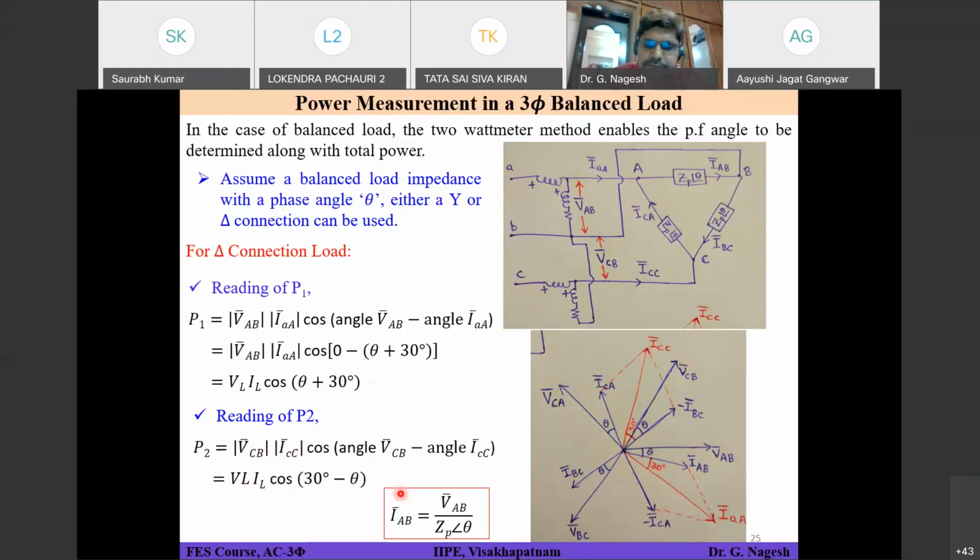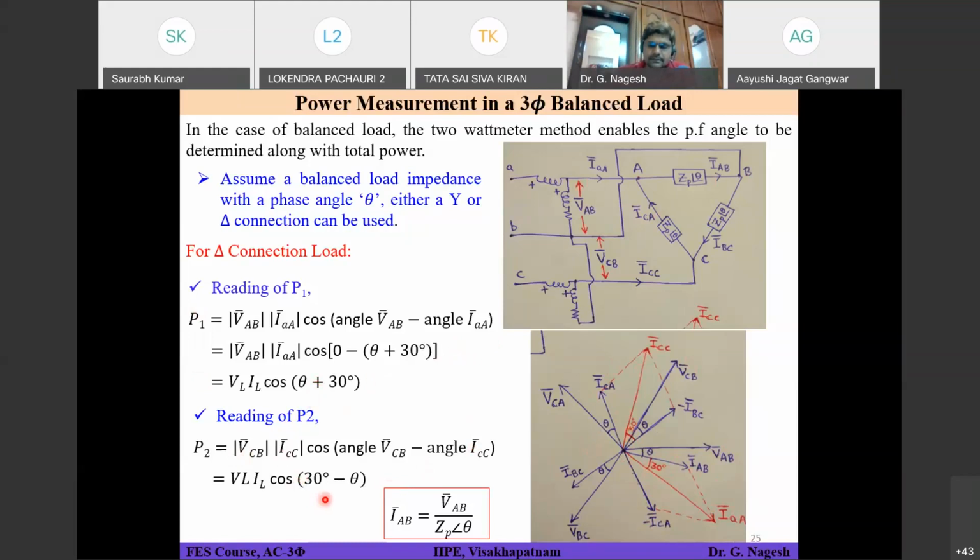This is how you can apply it even for a star connected system. We have considered a delta connected system, and for this you get wattmeter reading W1 and wattmeter reading W2. You have to draw the phasor diagram and then find the phase angle between the corresponding line voltages and currents.